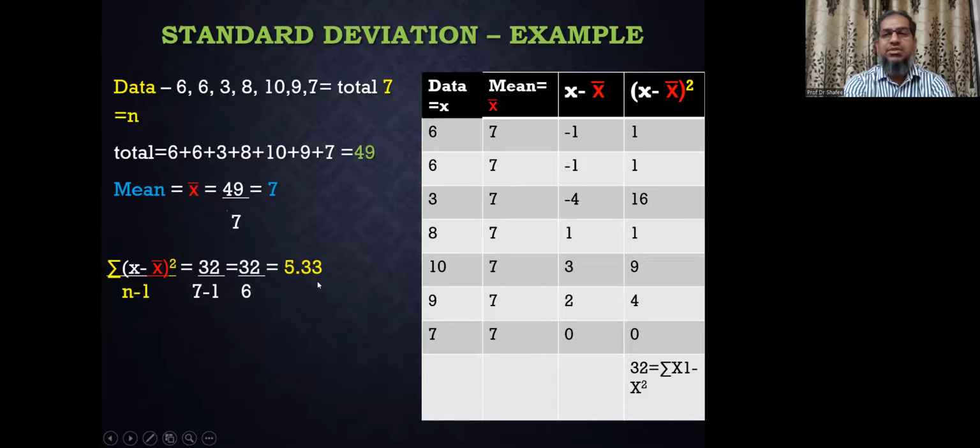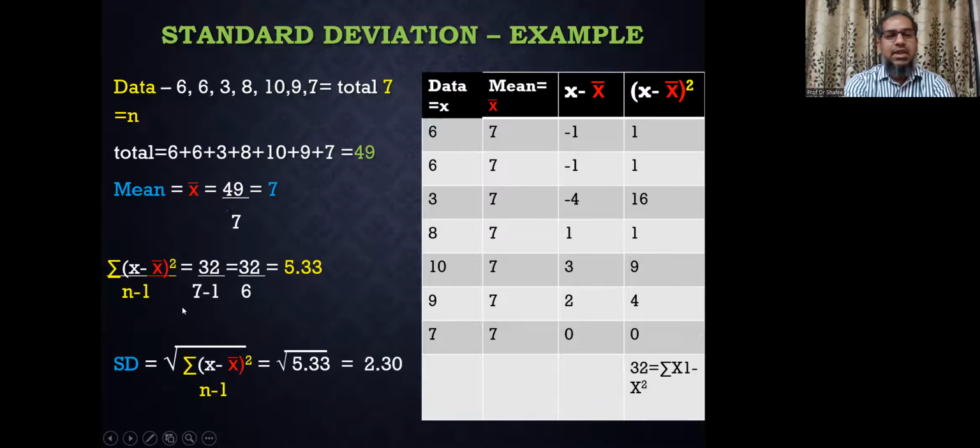It comes to 5.33. So up to this step, we have seen the mean of the summation of the squares of the mean deviation. Now we put this figure into the square root. So this is the square root of the mean of the squares of the deviations from the mean.